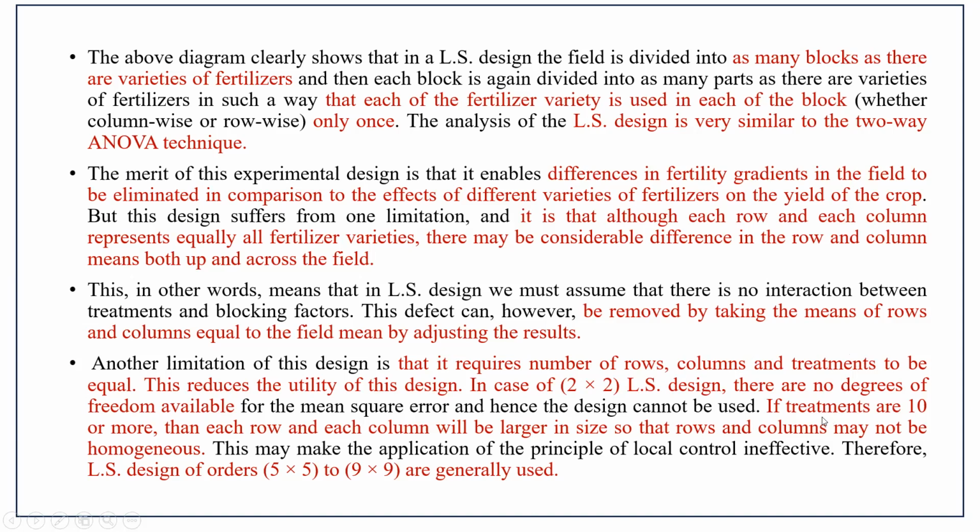Then if the treatments you are taking are 10 or more than 10, the size will be larger, and then the columns and rows may not be homogeneous, right? And thus again, it will not be able to work effectively. So therefore, generally LS designs of orders 5 into 5 to 9 into 9 are used.